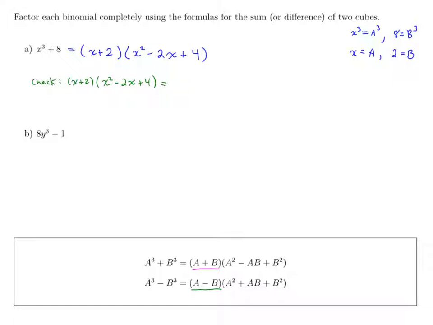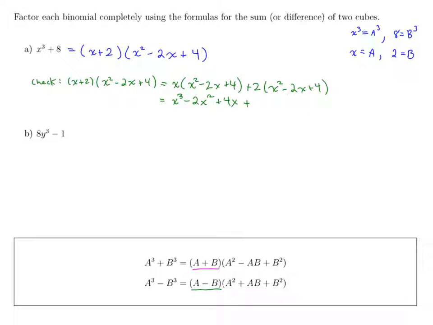I'm going to do this with x times that trinomial x squared minus 2x plus 4 plus 2 times that trinomial x squared minus 2x plus 4. So I've distributed across that x plus 2, and now I'll distribute this x across this trinomial and then 2 across that trinomial. So when I do that, I'll distribute this x across x squared minus 2x plus 4. I'll get x cubed minus 2x squared plus 4x.